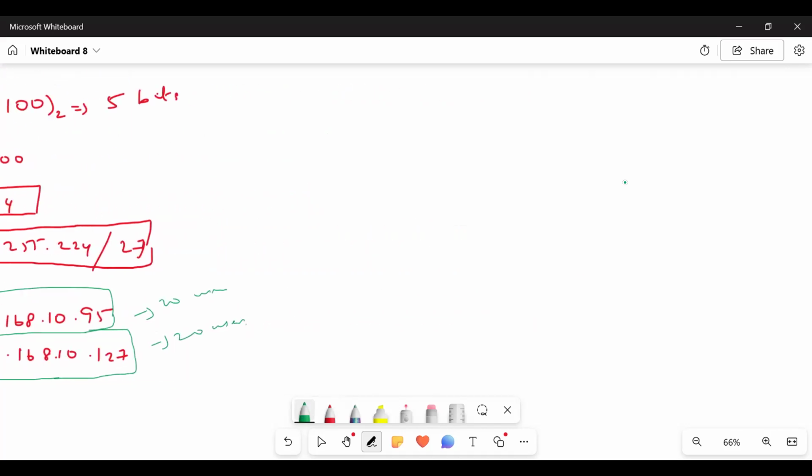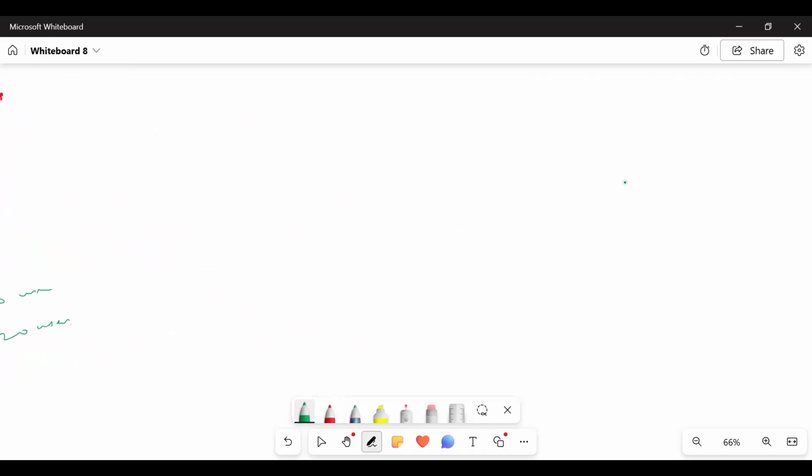Now we are going to find for the crossover link, that is 2 hosts. Number of hosts required is 2. Totally we have 3 crossover links. So for 2 hosts, number of hosts required is 2.